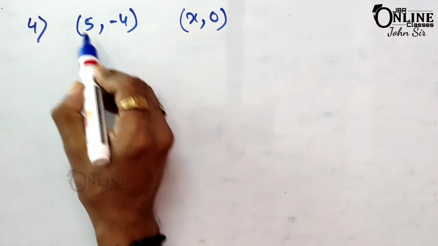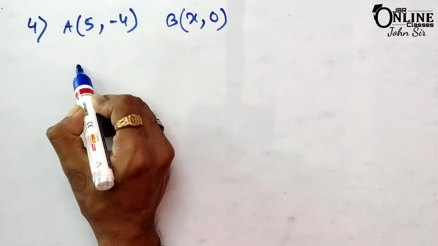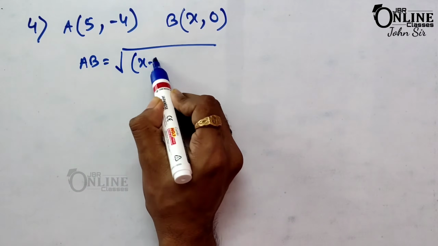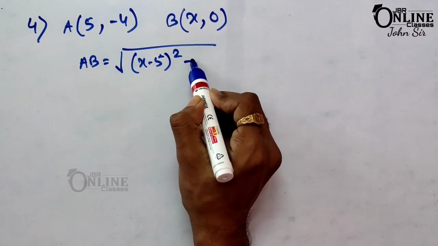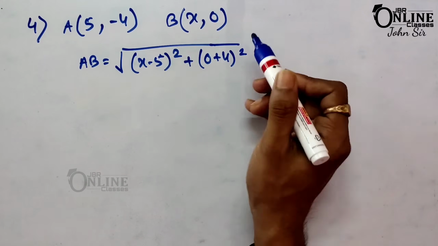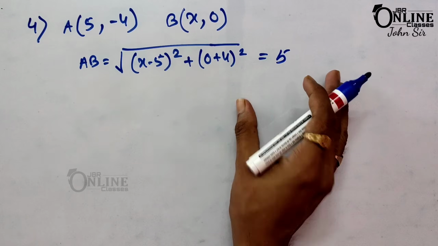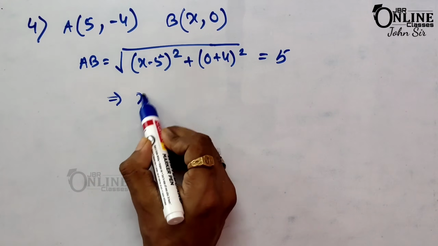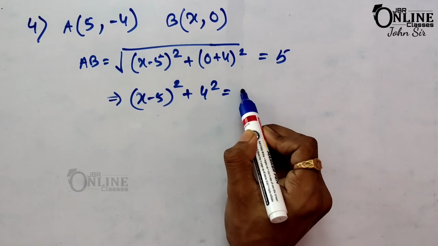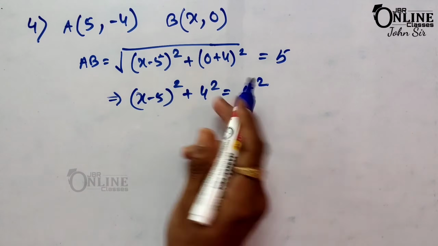these 2 points, suppose this one A and this one B. So AB equals root over (x minus 5) whole square plus (0 plus 4) whole square, and that equals, as given, 5 units. So now (x minus 5) whole square plus 4 square equals 5 square, squaring both sides.